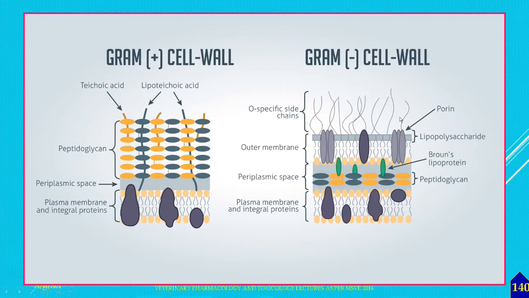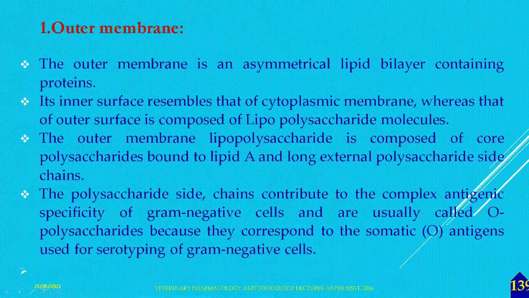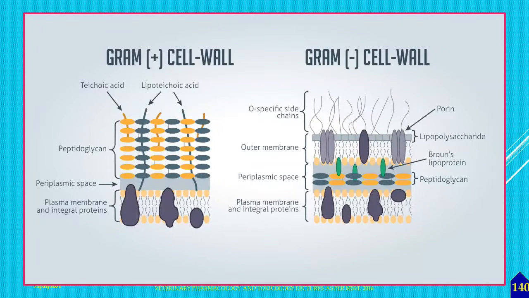Of course, flagella are also present here, the pili and the O-specific side chains. These are called the O-specific side chains. They correspond to the somatic antigens used for serotyping. These are used for serotyping the different bacteria, to find which type of bacteria it is, and the varieties are being tested.